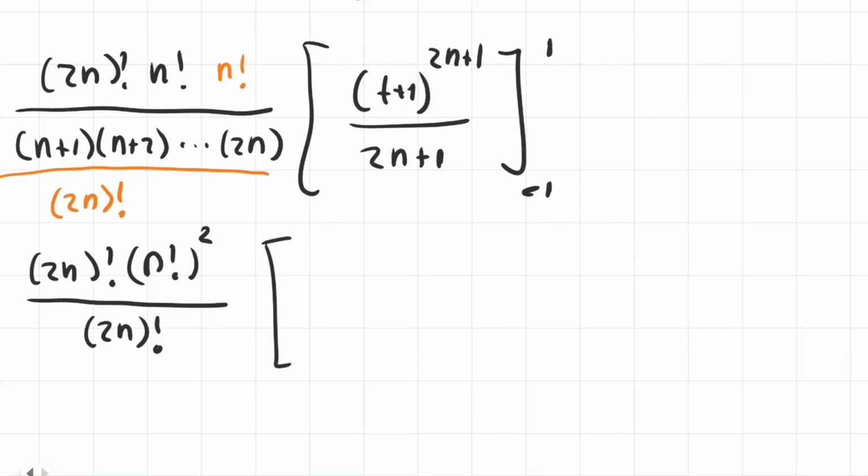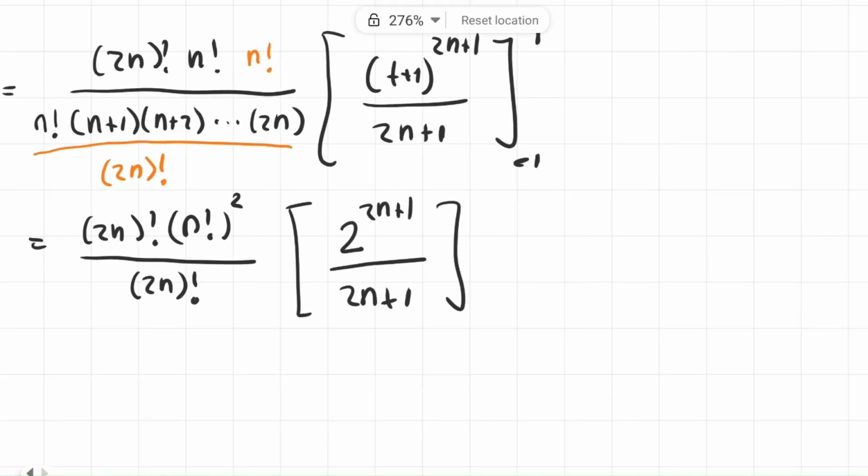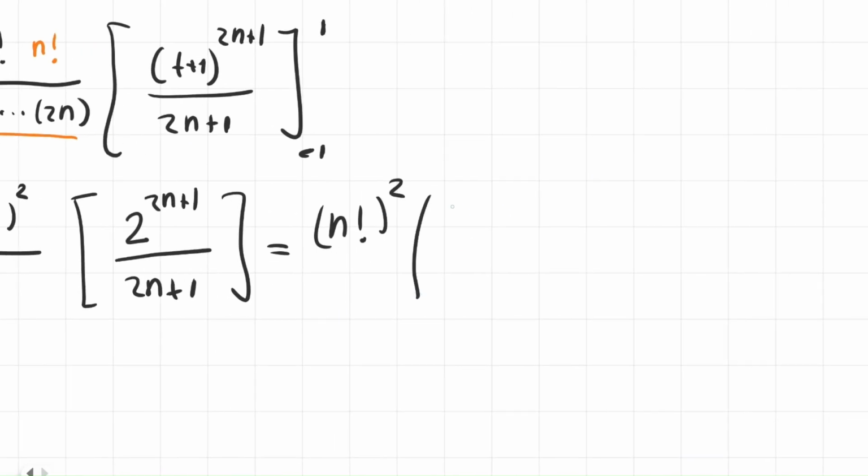And then if we evaluate from minus 1 to 1, we will have that at minus 1, we will have 0, right? But when we evaluate at 1, this will be 2 to the 2n plus 1 divided by 2n plus 1. Okay, perfect. So this will be n factorial squared, and then times 2 to the 2n plus 1 divided by 2n plus 1.